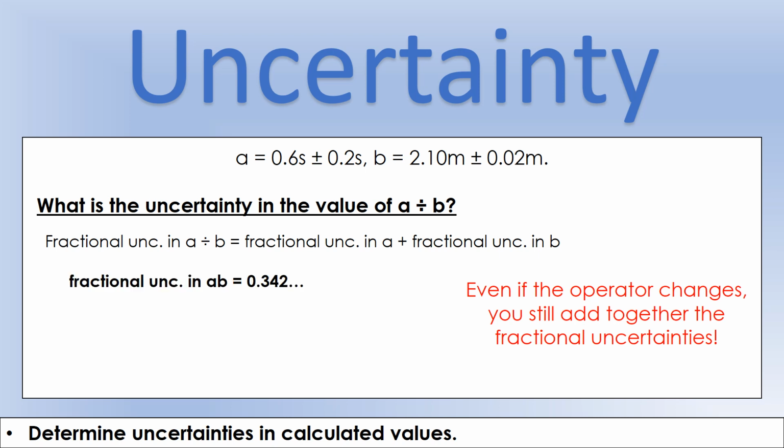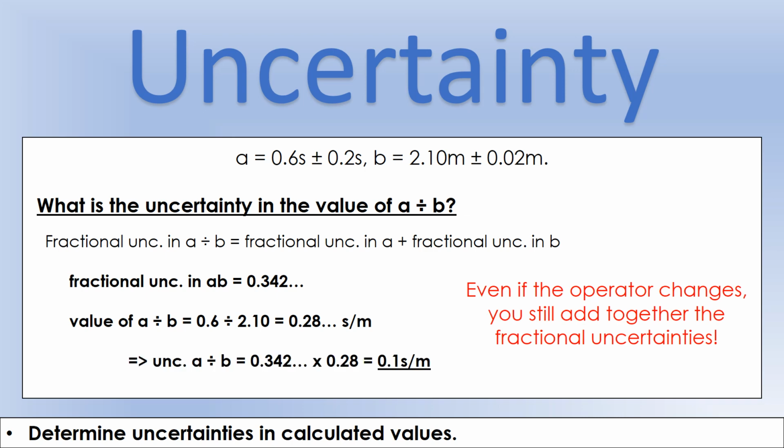So if we have the fractional uncertainty in AB, which is what I calculated previously, it's going to be exactly the same. We now need to calculate the value of A divided by B, which now has the unit of seconds per meter. And then we're going to do the fractional uncertainty times the value. That gives us our uncertainty here.